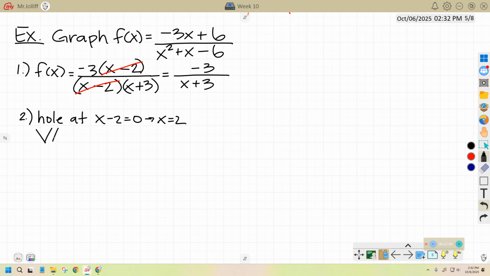You're thinking horizontal asymptotes. What am I not allowed to have in the bottom of my fraction? 0. Can't have 0. So I need to know where x plus 3 is equal to 0. -3. Perfect. Vertical asymptote at x equals -3.